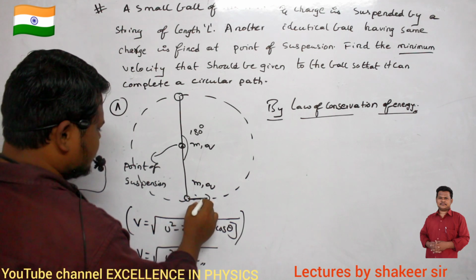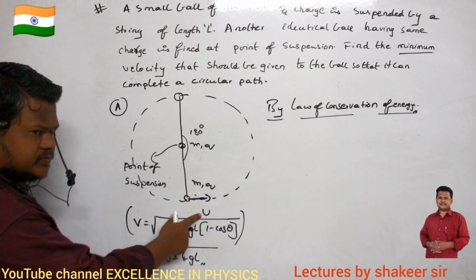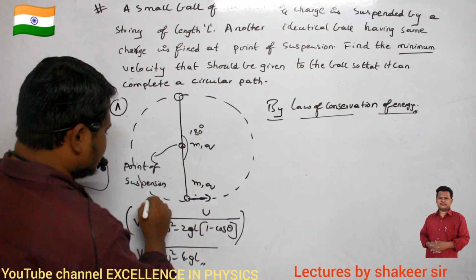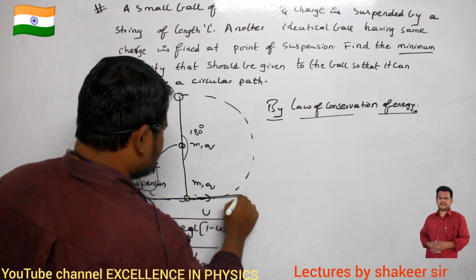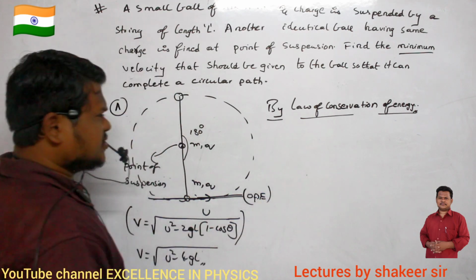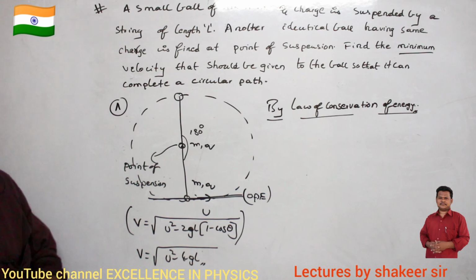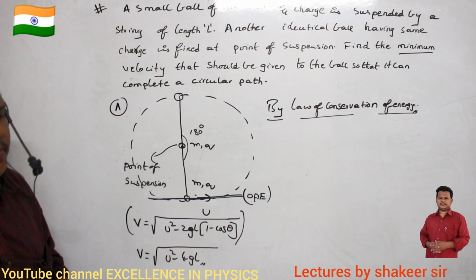So, for example, here what is the initial velocity of the body? Here the initial velocity of the body is u. So let us take this point to be the zero potential energy reference. Potential energy is always a comparable quantity.